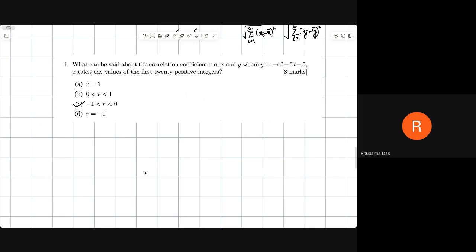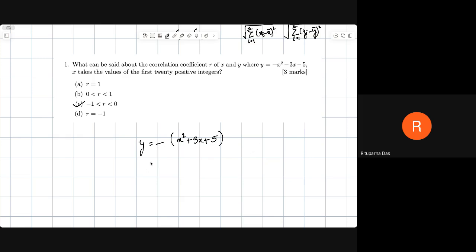Yeah, so here notice that y is minus x square plus 3x plus 5. If we continue to increase the value of x, then y will be minus of a bigger and bigger number, right?